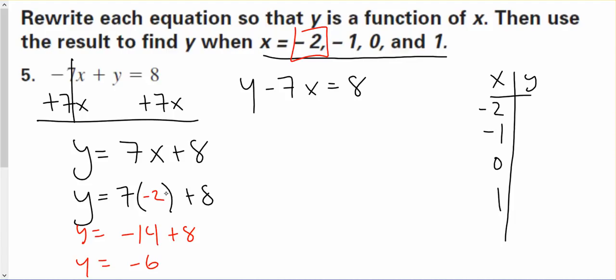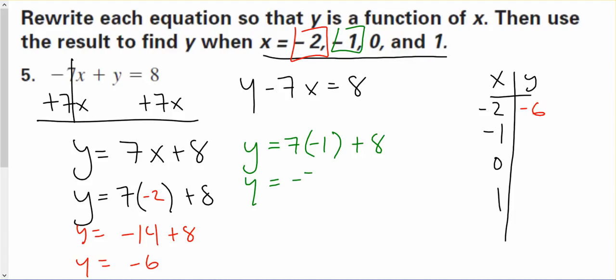When x is negative 2, y is negative 6. We could try the next one. Y equals 7x plus 8, and we'll use a negative 1. 7 times negative 1 is negative 7 plus 8 is 1.